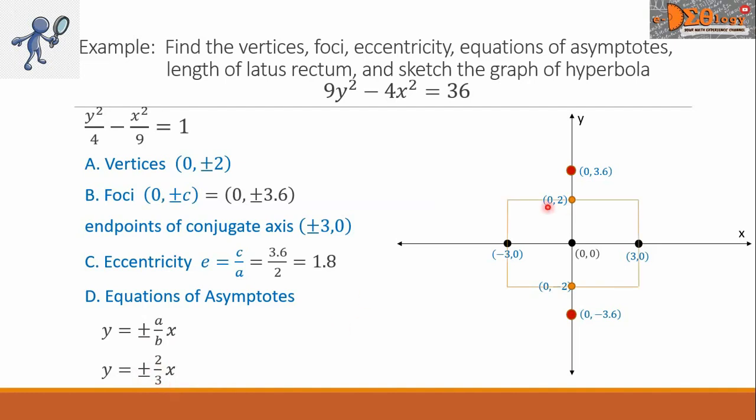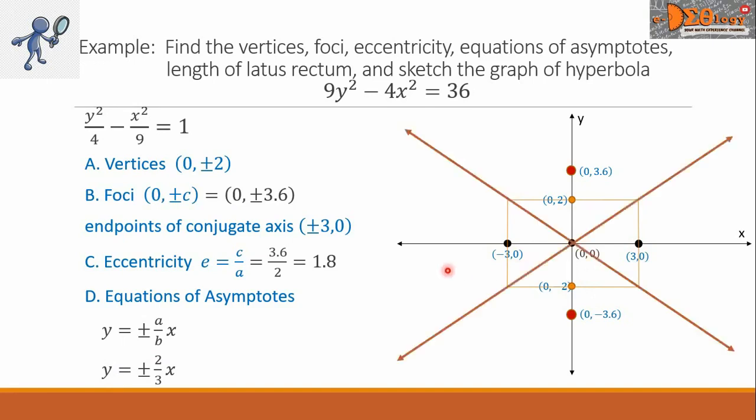Next, let us draw the rectangle that is parallel to the coordinate axis, passing through the vertices and the endpoints of the conjugate axis. Here is our rectangle. And then, let us draw the asymptotes through the diagonals of this rectangle. Here are the asymptotes.